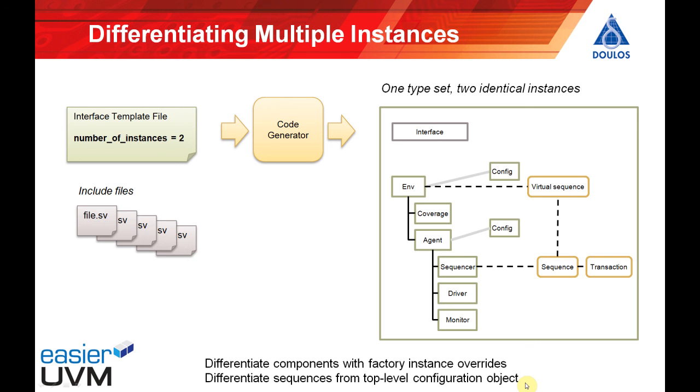So that is possible. But the guideline here is if you want multiple instances of the same interface and the same agent that are by and large symmetrical, then the way to achieve that is to use the number of instances setting in the interface template file.